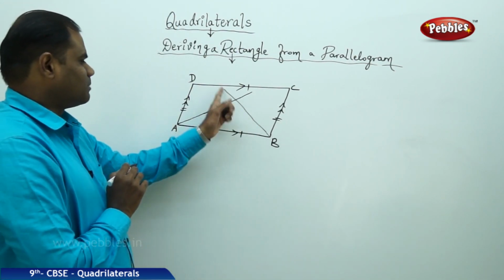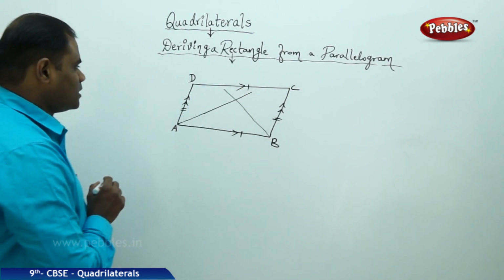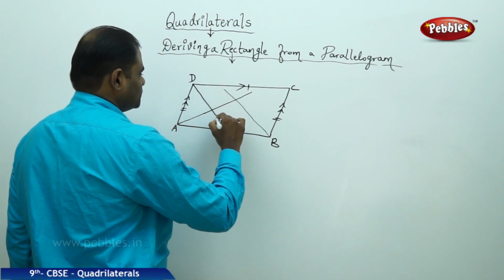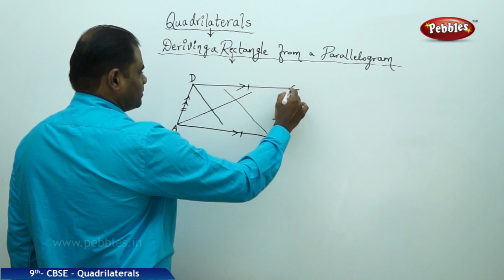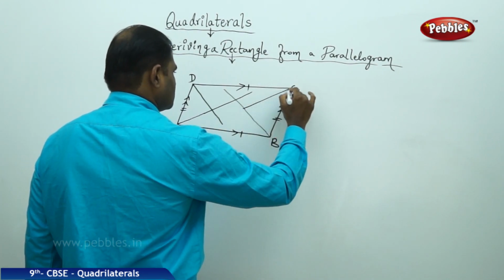So here is the bisector for angle B and here is the bisector for angle A. Similarly, I have a bisector for D which I derive out here, and a bisector at C derived out here.